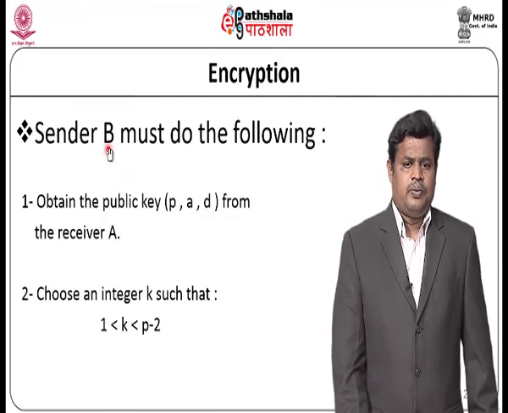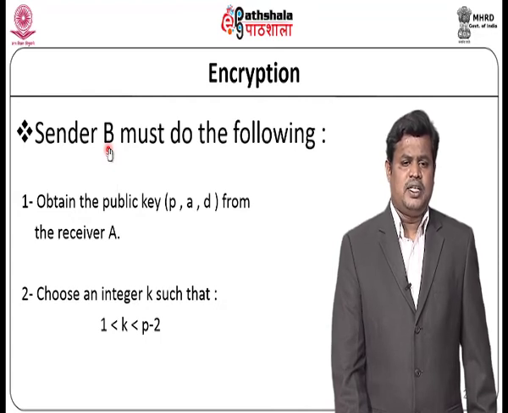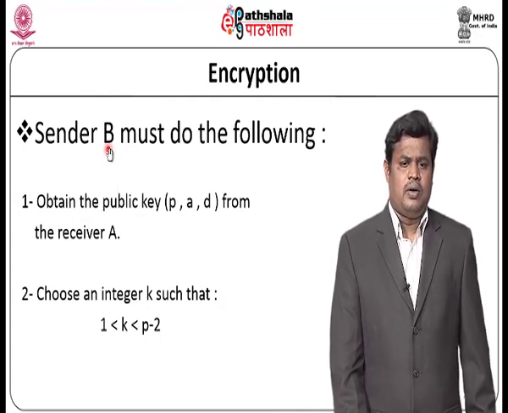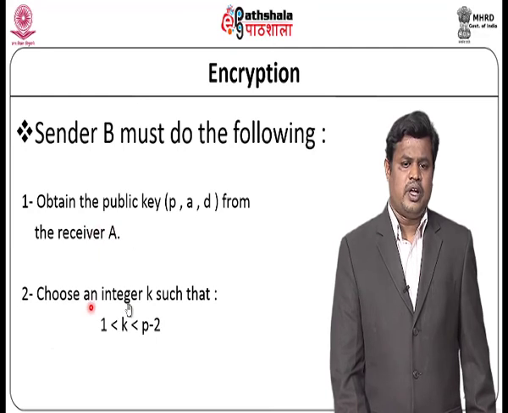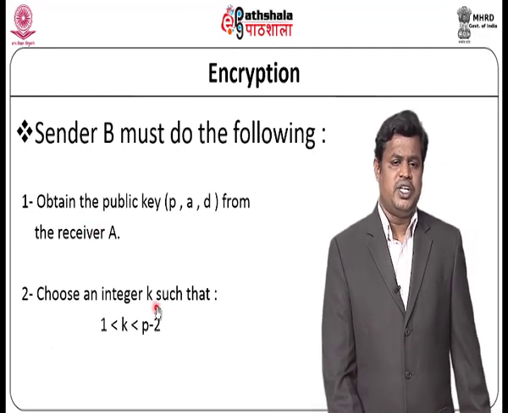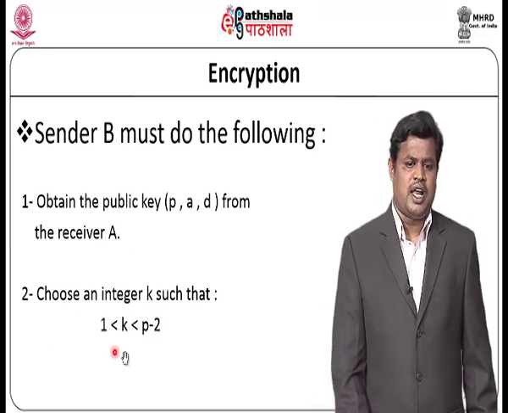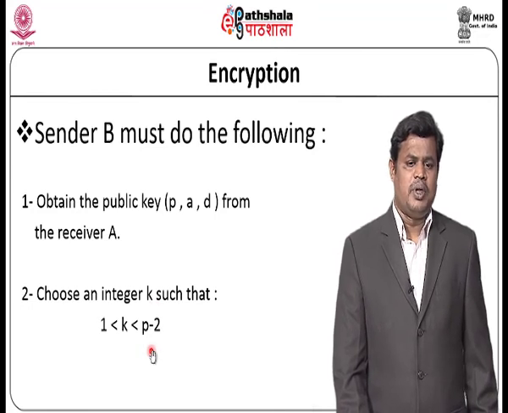So if I am able to get the generator number, from that I can get e1 and e2. Now the public key is p, a and d, which is received from the receiver. Now you have to choose a random integer k, such that it lies between 1 and p minus 2.